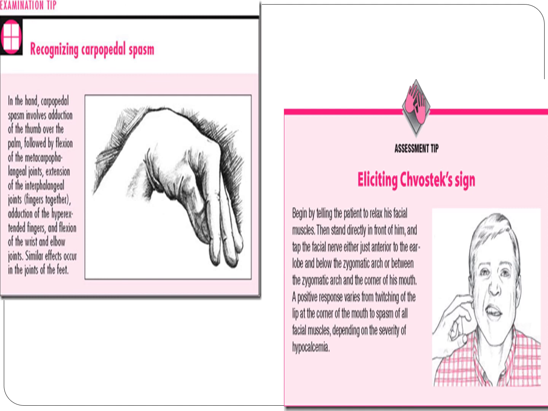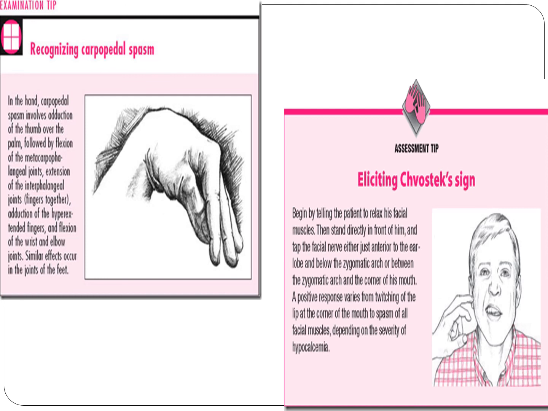Going for the Chvostek sign, we can check the facial nerve. What we do is tell the patient to relax his facial muscles, then stand directly in front of him and tap on the facial nerve just anterior to the earlobe and below the zygomatic.